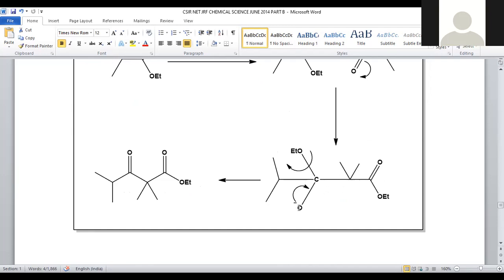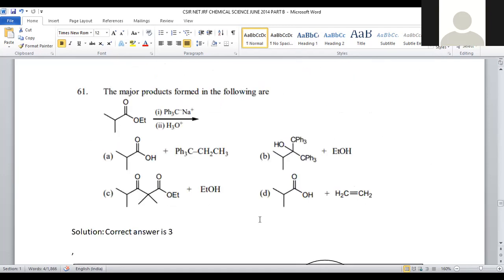And subsequently, the O- oxide will be back-polarized, and this ethoxide will be removed, and we will get a diketone compound in this manner. So simply you can say it is a kind of dimerization process. A Claisen kind of mechanism is followed in this reaction, right? So that is available in option number 3. For question number 61, option number 3 is the correct answer.